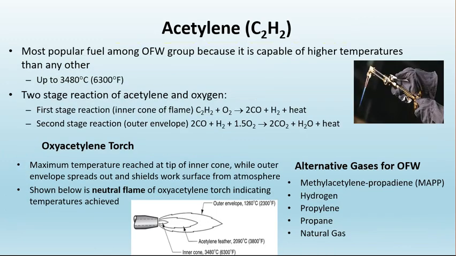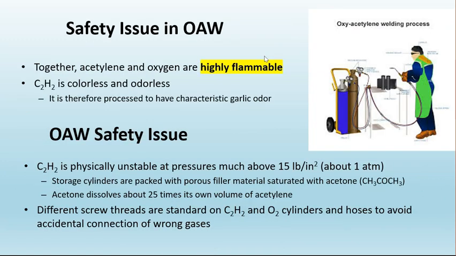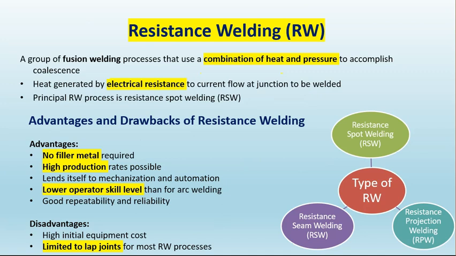Acetylene combined with oxygen gives this kind of bluish flame to do the welding. Safety is a big concern for oxy-fuel welding because oxygen is very flammable, and so is acetylene, and it involves a flame, so safety is important in the process.